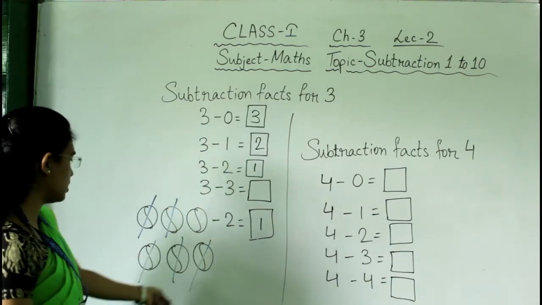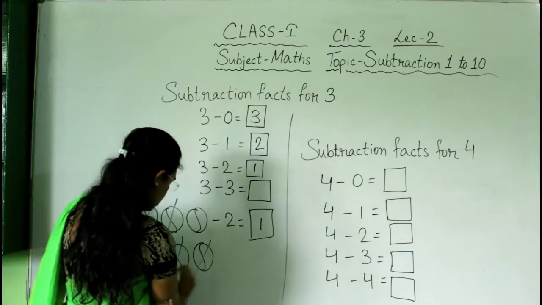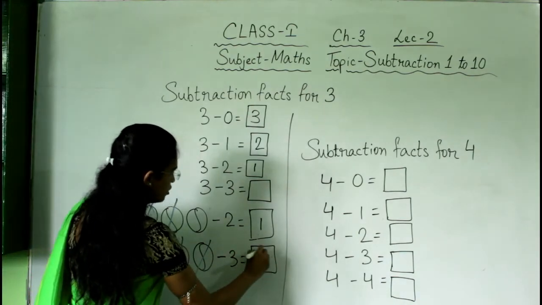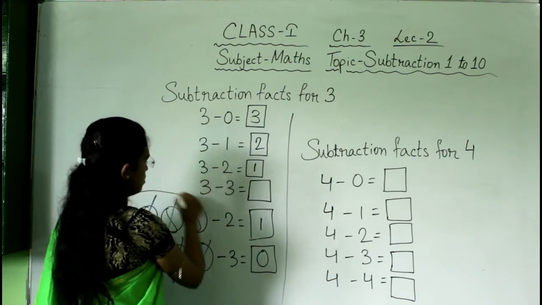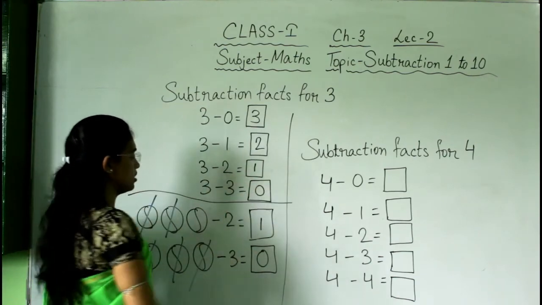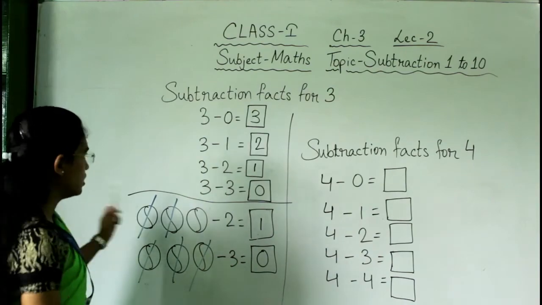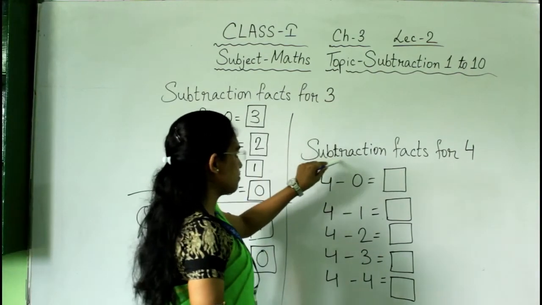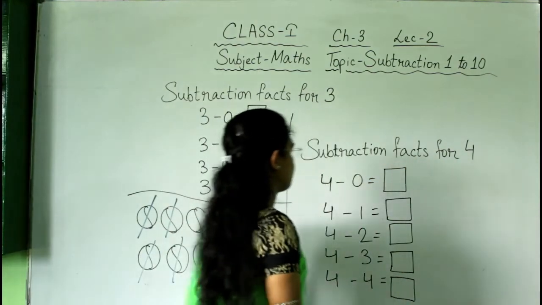That means you have nothing. So 3 minus 3 equals 0. 0 means nothing. Understood? Now look here. What is this? Subtraction facts for 4.